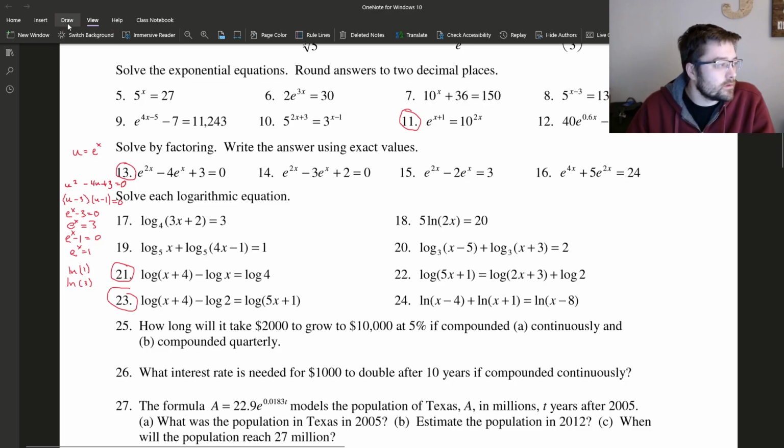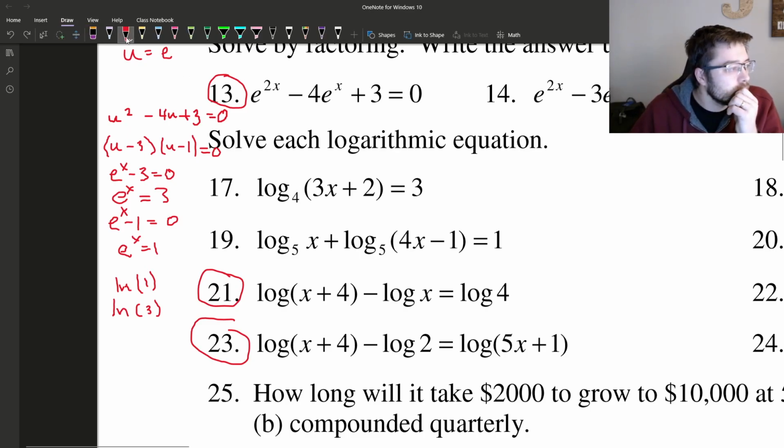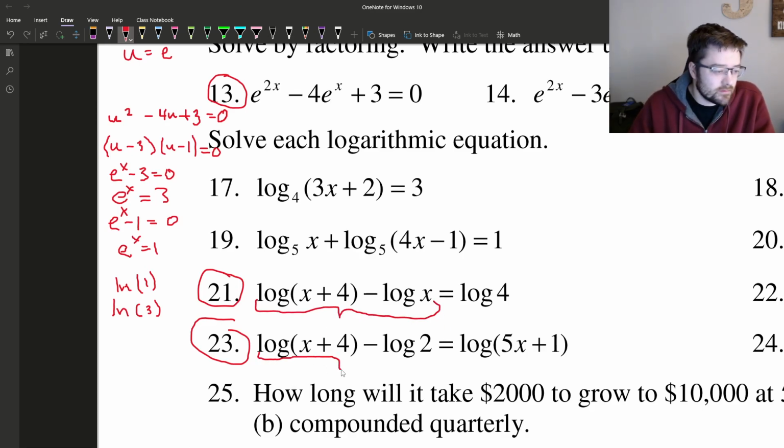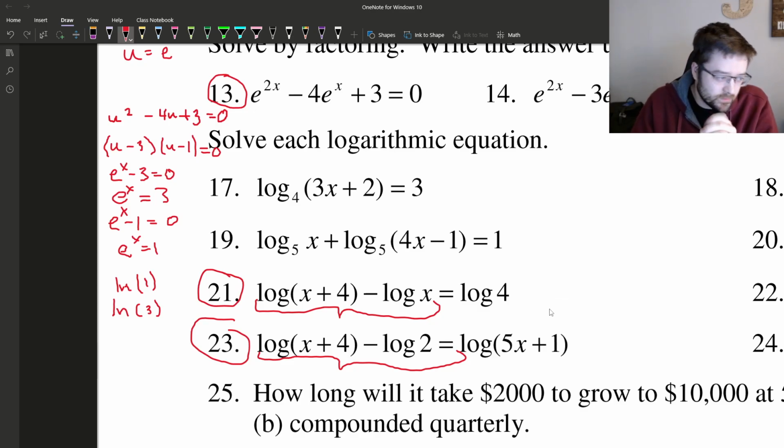Yeah, 21 and 23. Condense these first before you can use the one-to-one property for logarithms. So for example, on 21, you'll have x plus 4 times 1 over x, which is divided by x.